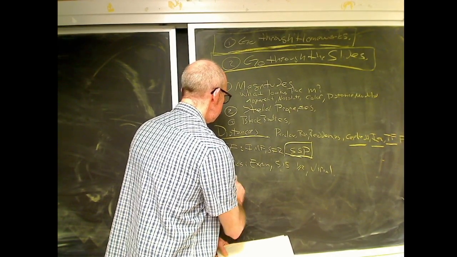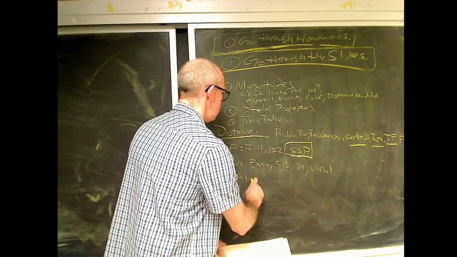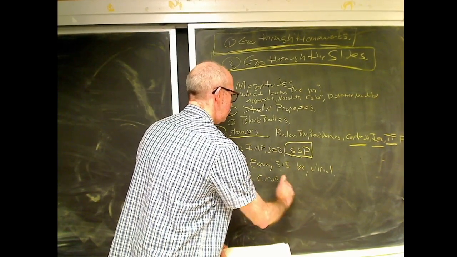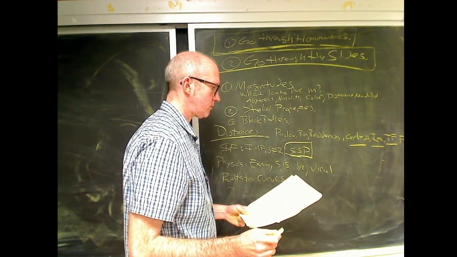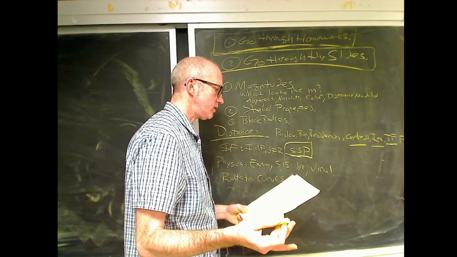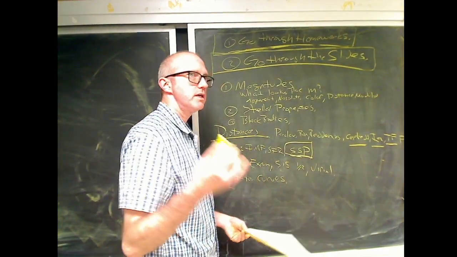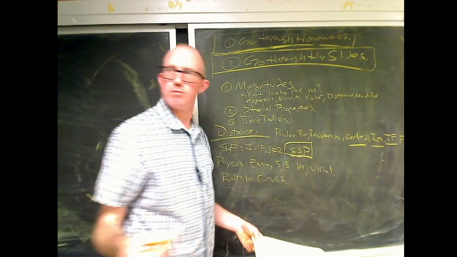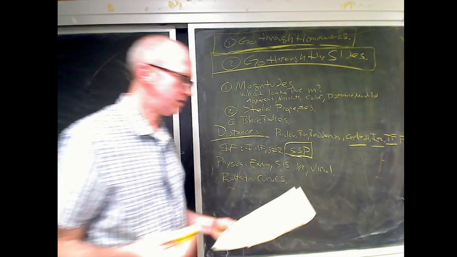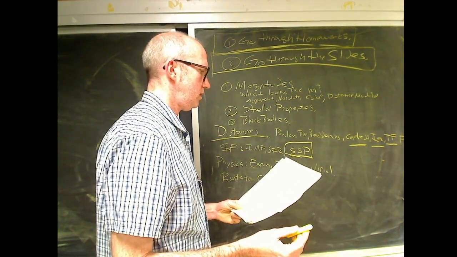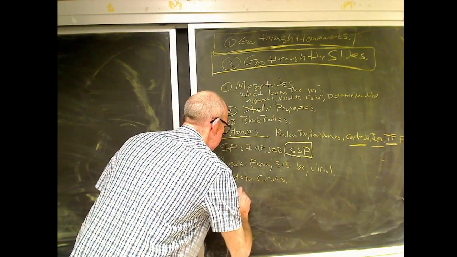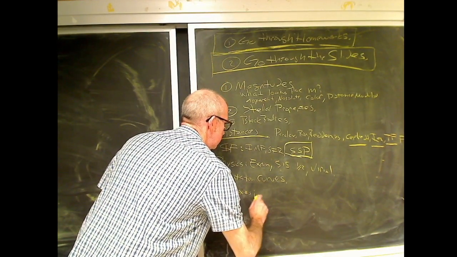We talked about rotation curves, both for our galaxy and for external galaxies. Talked about the Oort constants and the tangent point method, and we talked about galaxies. Talked about ellipticals.